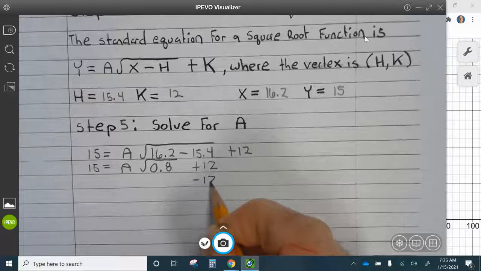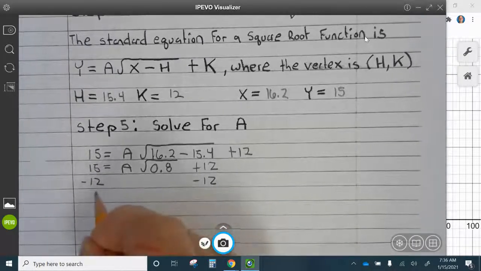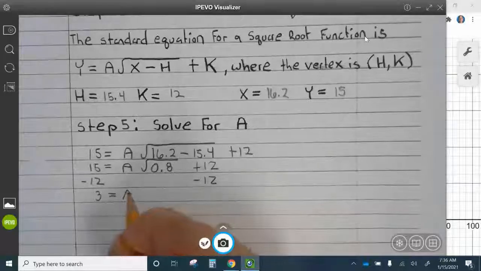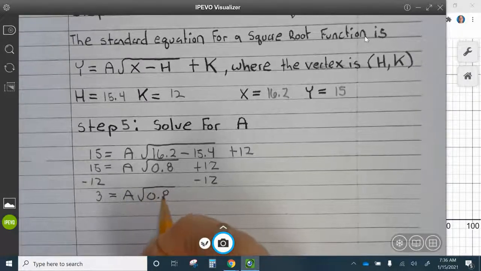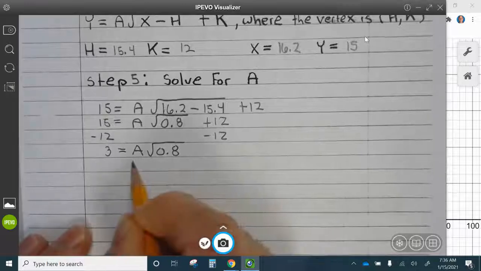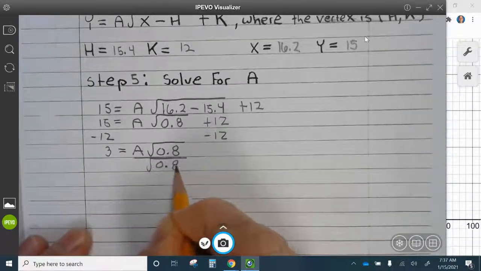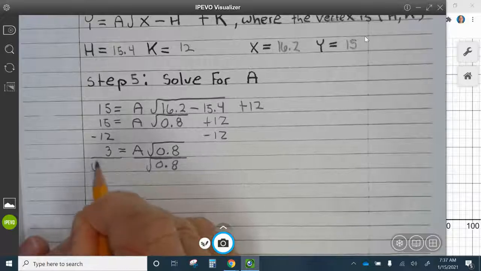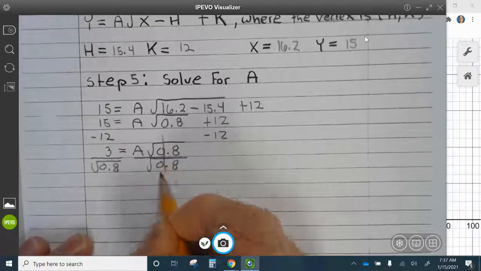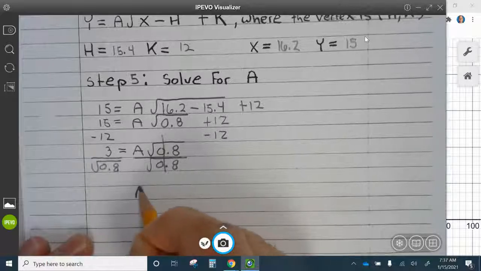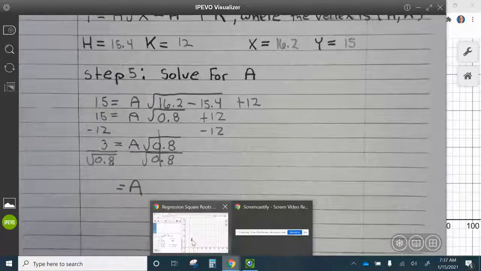Now we're going to subtract 12 from both sides. So 15 minus 12 is 3. So 3 equals a times the square root of 0.8. Now we're going to divide both sides by the square root of 0.8. This divided by itself is 1. So a equals, and we can use Desmos for that one.